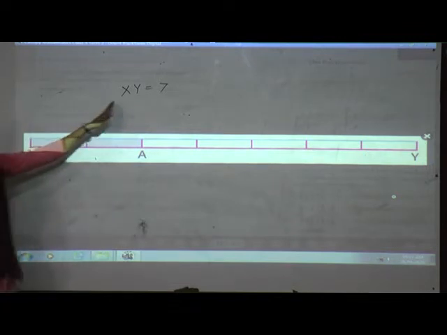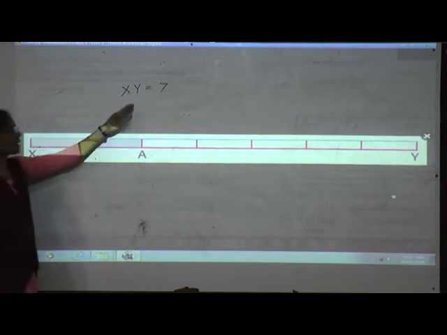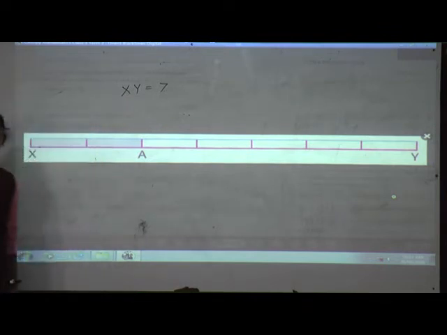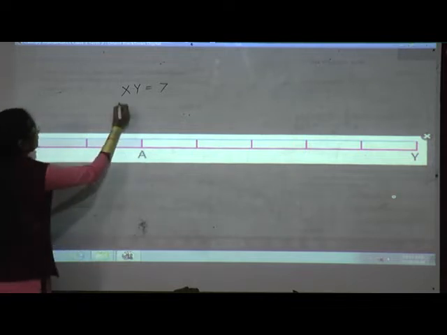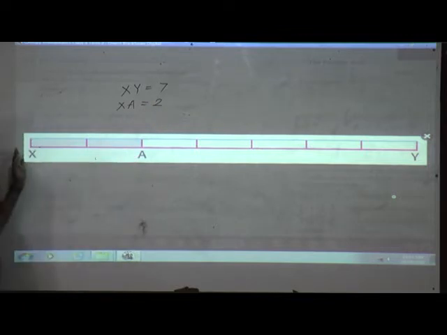So here XY is equal to 7. Now out of that 7 parts, how many parts are shaded? 1, 2, and this is the XA. XA is equal to 2, because out of 7, 2 parts are shaded.